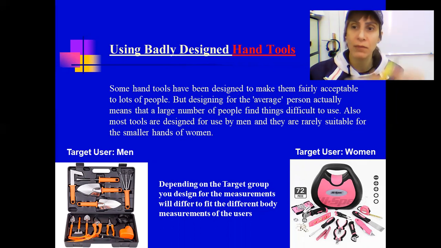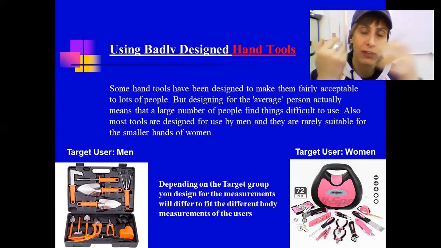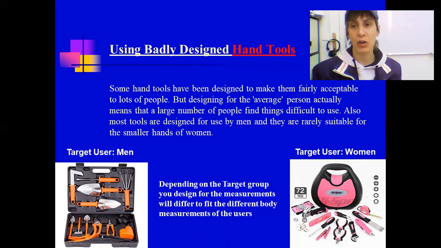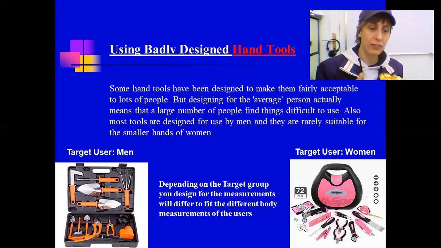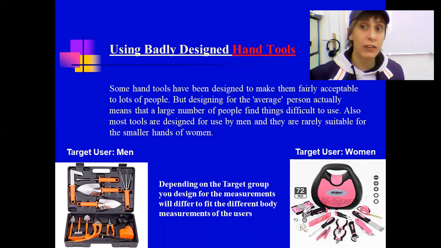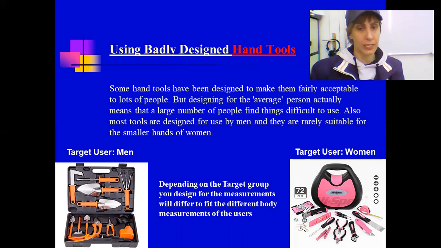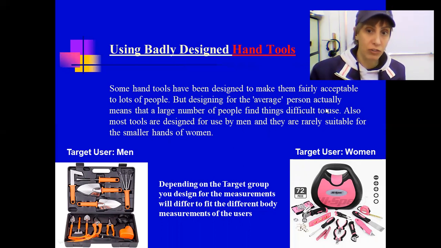Like if your hand is extremely small or very big, it means using this tool will not be comfortable for you. So many hand tools have been designed for the average.